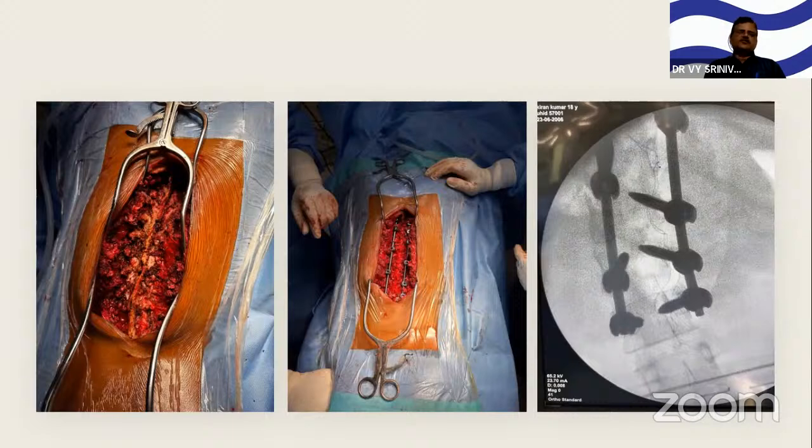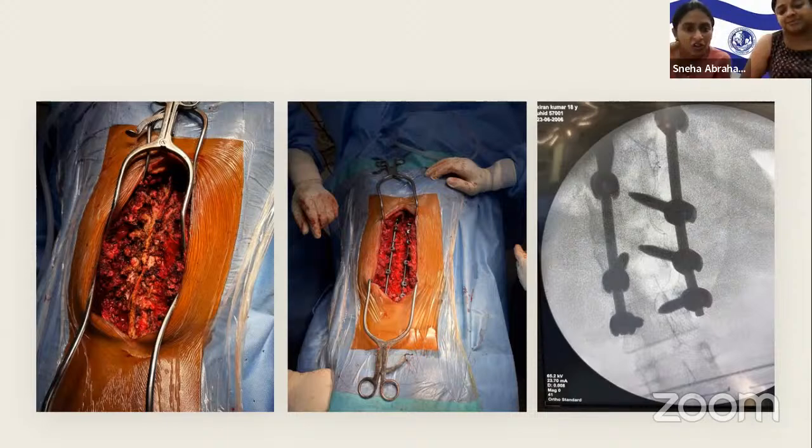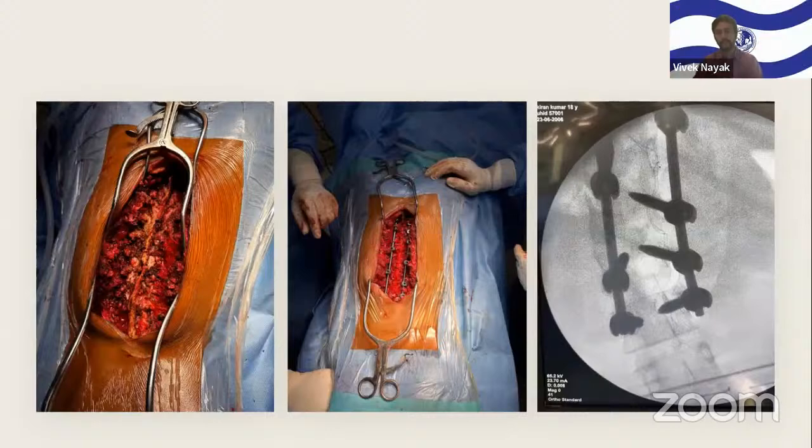What are all the complications of neuromonitoring? Neuromonitoring itself can cause seizures during transcranial stimulation. It can also cause injury to the patient.